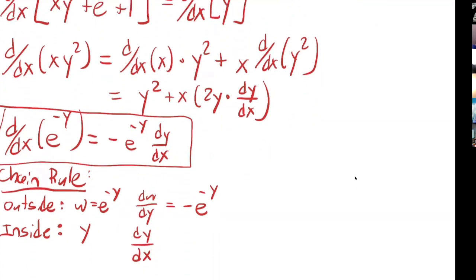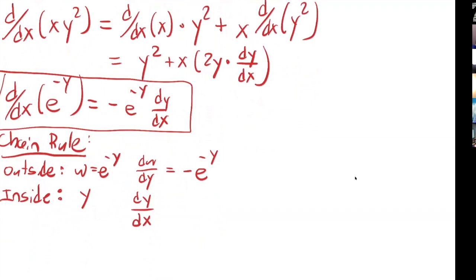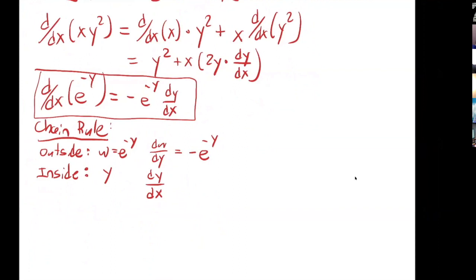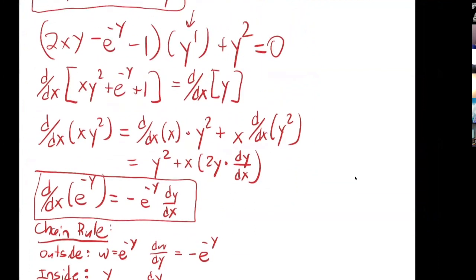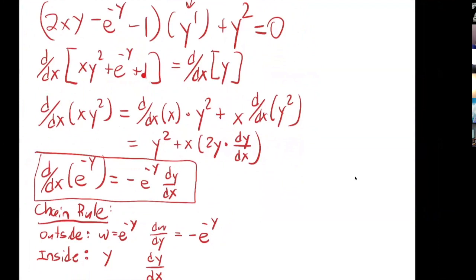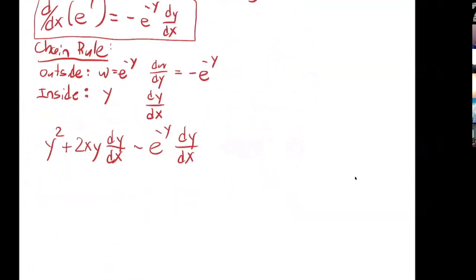So using everything that we just found, we have on the left side y squared plus 2xy dy dx minus e to the minus y dy dx, and then the other derivative was this one, which is 0, so we don't have any additional term, and then on the other side we have dy dx.